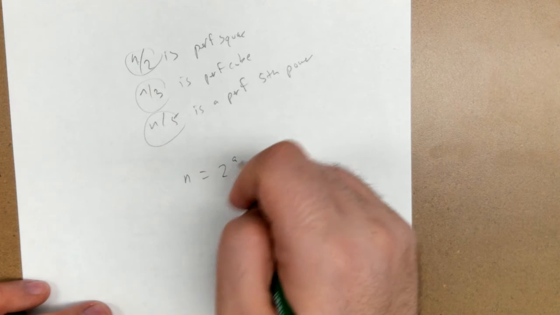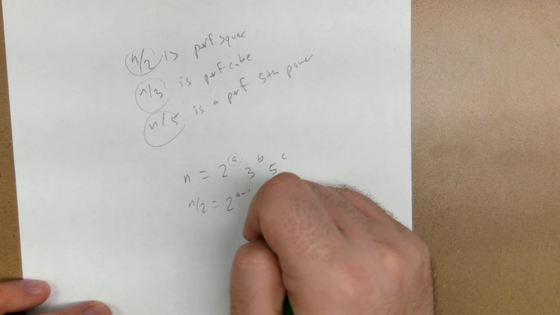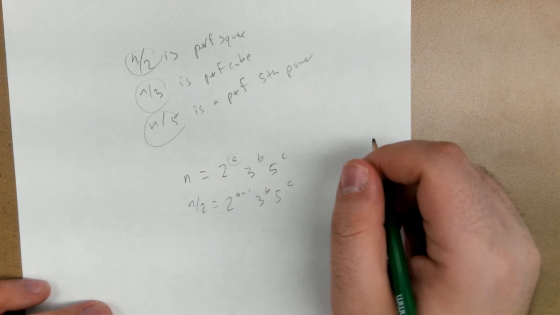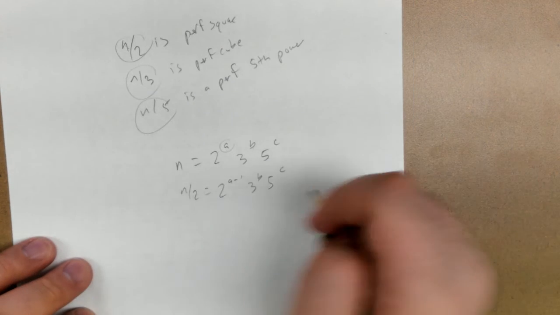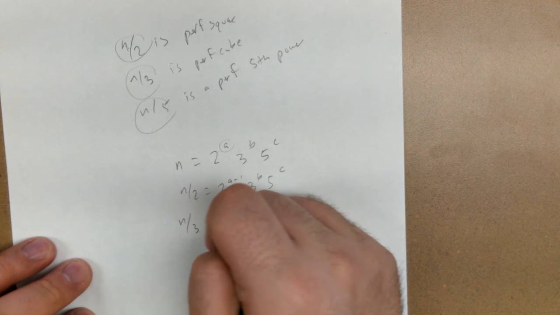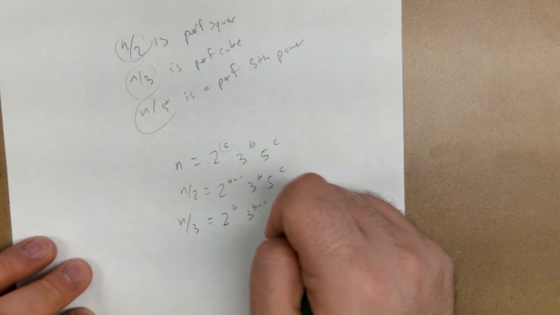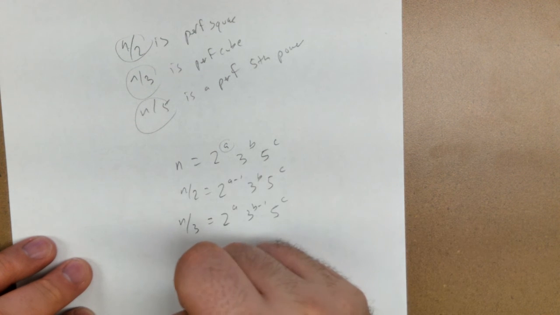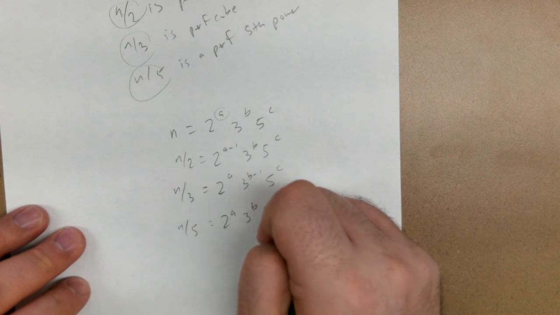So for n over 2, I would make this go one less power, and I would do the same thing for 3 and 5. Let me write this out, just in case we need it: 2 to the A, 3 to the B, 5 to the C minus 1.